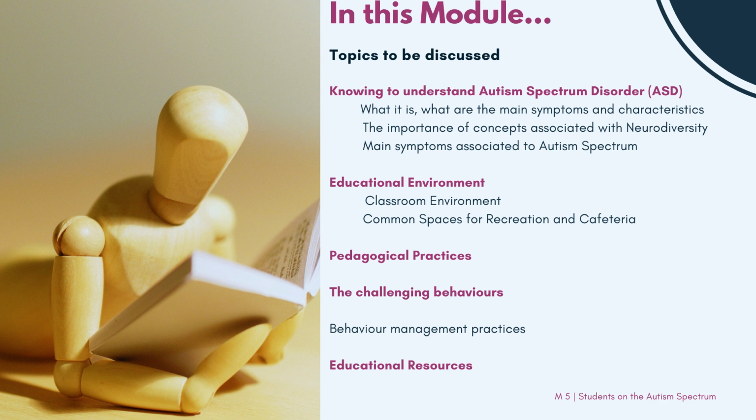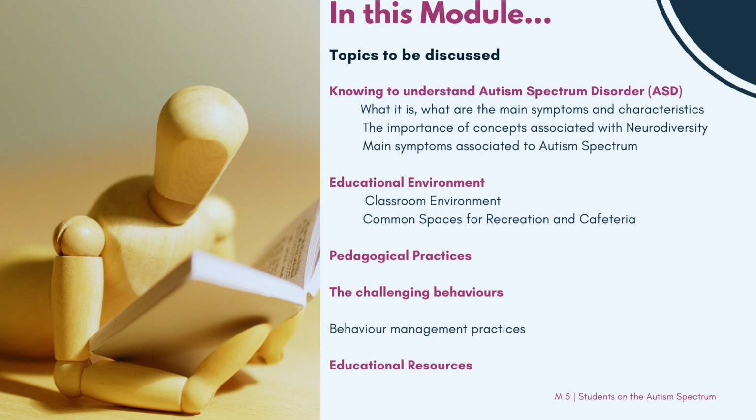In this module, we will understand Autism Spectrum Disorder, ASD, what it is, what are the main symptoms and characteristics, the importance of concepts associated with neurodiversity, and main symptoms associated with autism spectrum. Talk about the importance of the right educational environment, from the classroom environment to common spaces for recreation and cafeteria.